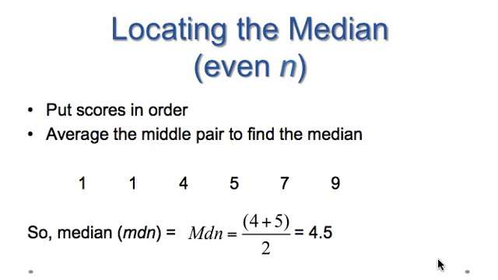And when we look at this data set, we notice that in order to divide this in half, we're going to have to take the average of the two middle scores, because the median is actually somewhere between 4 and 5. So in order to calculate the median here, we're going to have to take the average of 4 and 5. The average then is 4 plus 5 divided by 2, which is 4.5.